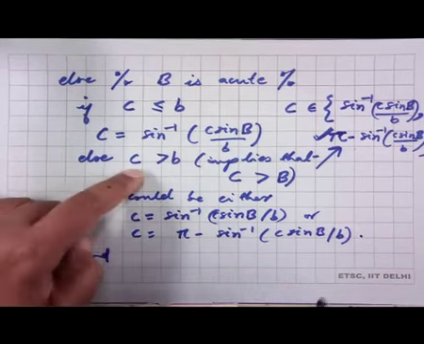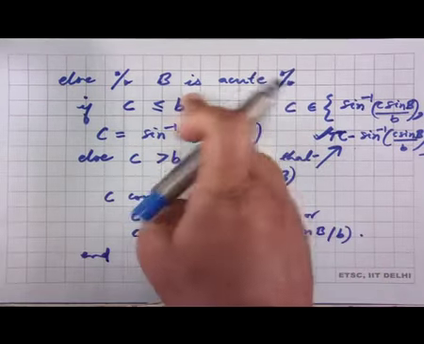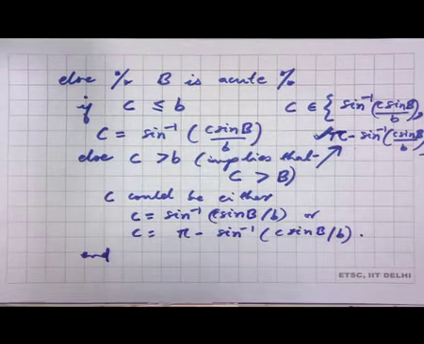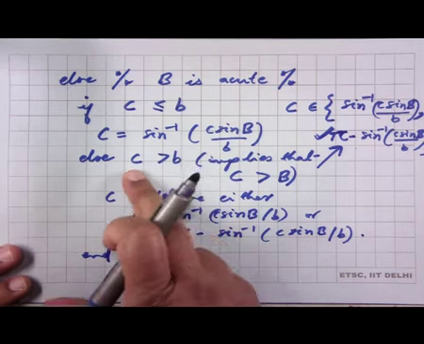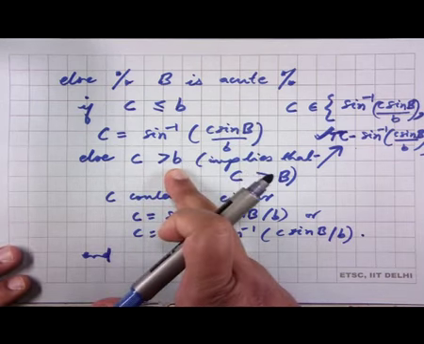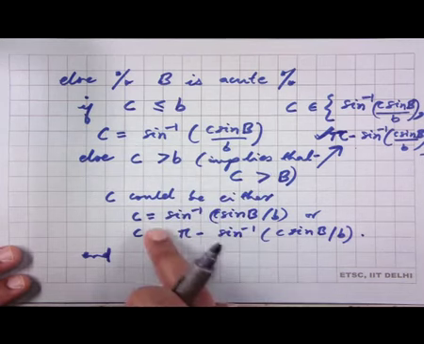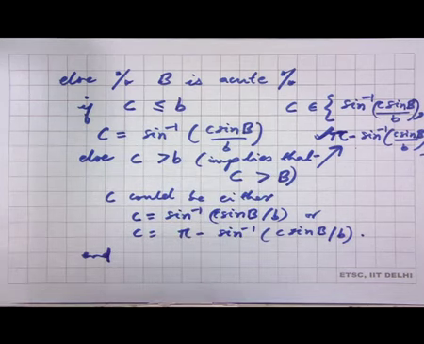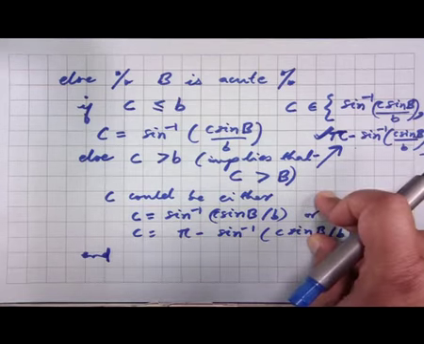In this case, where we are given an angle B which is acute, and the side of length C is greater than the side of length B, the angle C can take two different values.